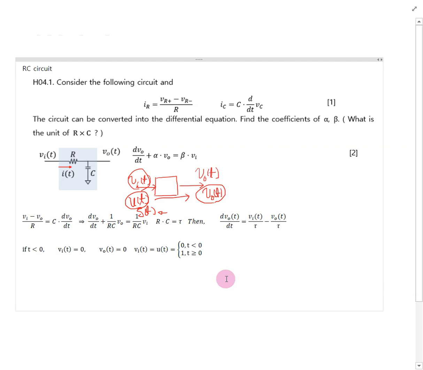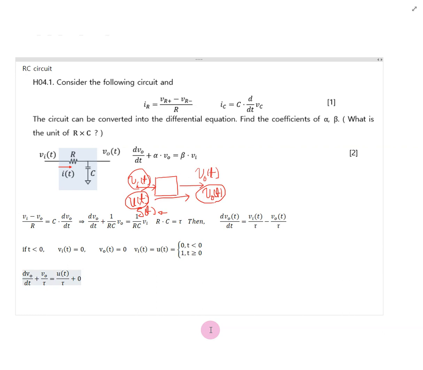Then we would like to solve this differential equation. To describe it, we can rely on the original equation: dVo over dt plus Vo over tau equals unit step over tau, and we can add 0. Adding 0 gives a homogeneous solution.